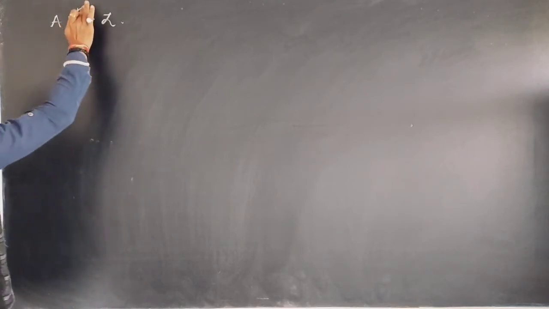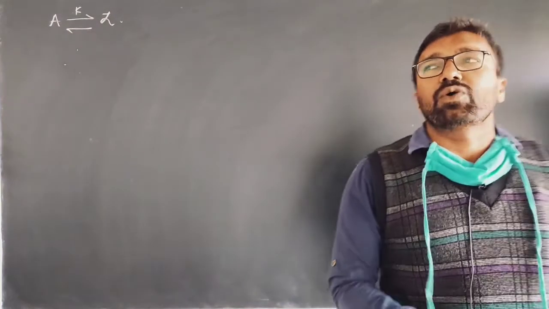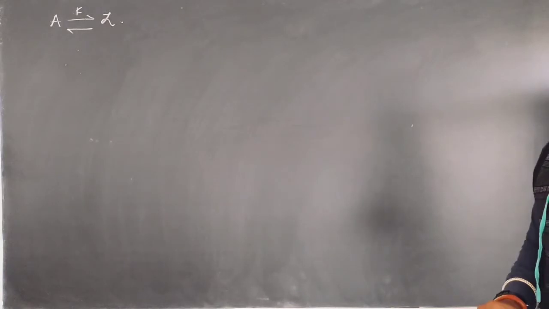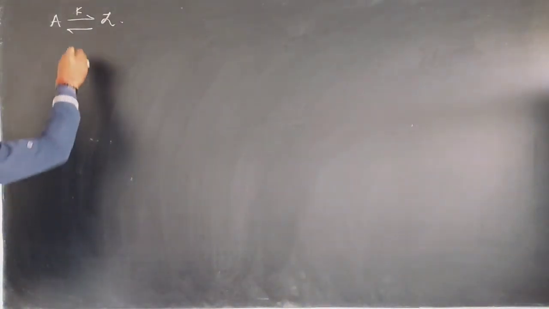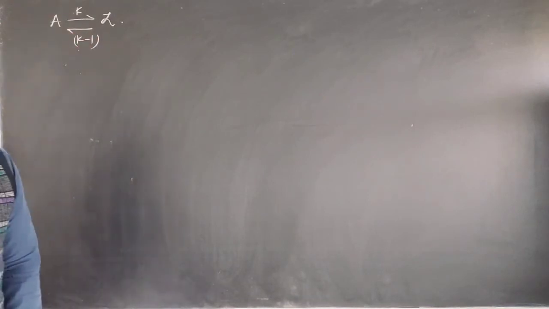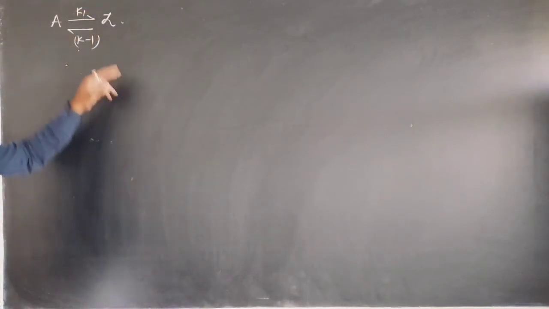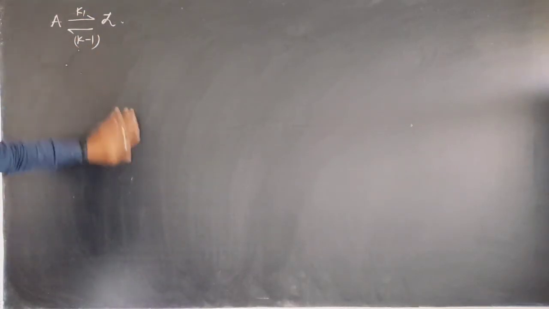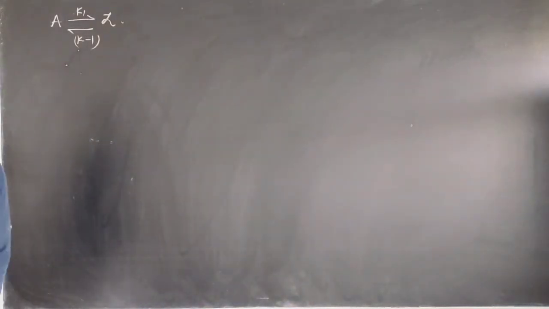In the backward reaction Z is decomposed back to form A with the rate constant K minus 1, or you can take K2 also, no problem. Here K1 and K minus 1 are the rate constants for the forward and backward reactions.